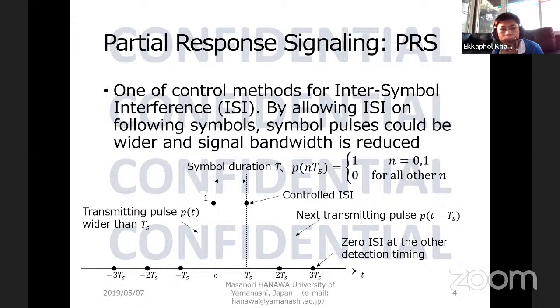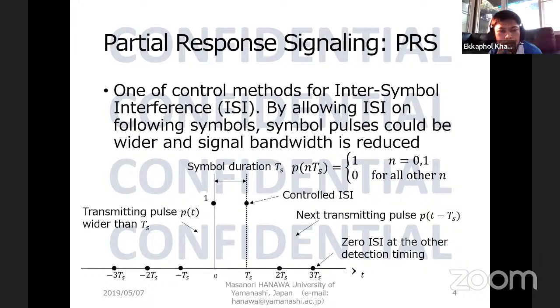So, for example, if we have a bit sequence 101 and we transmit the on-off keyed signal for this 101 sequence with a very narrow bandwidth channel, then pulses for the two ones might be dispersed. They can widen.